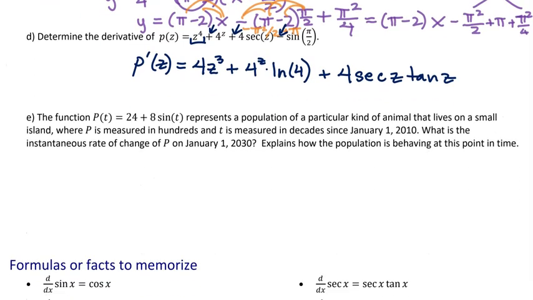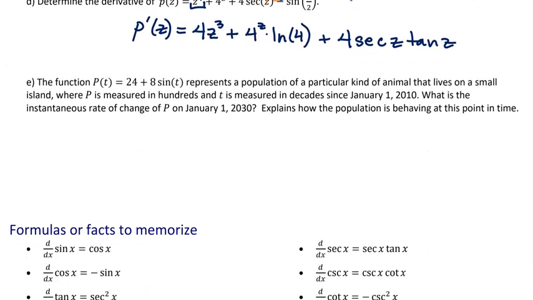Okay, last thing that you'll probably run into is some applications of trig functions. They lend themselves really nicely to different applications. In this one, we're looking at an animal living on a small island, and we have a function that gives us the population in hundreds, so I want to be careful about that. T is decades since 2010, so both of them have kind of funny units, so we'll want to pay attention to it.